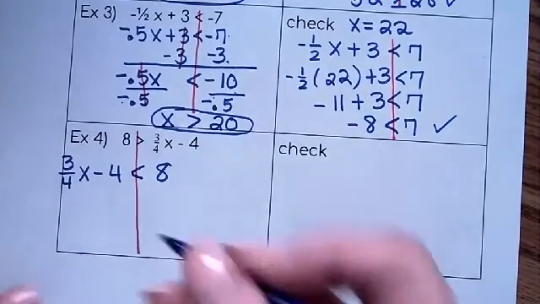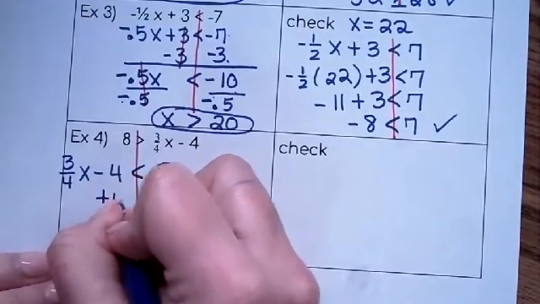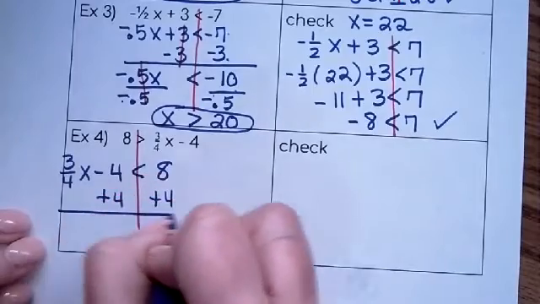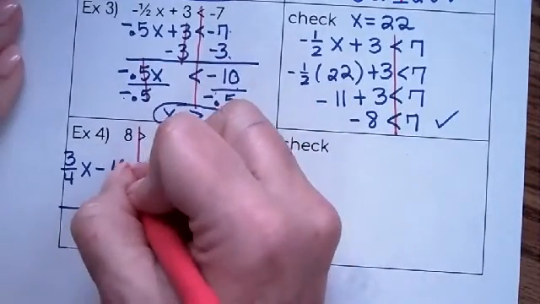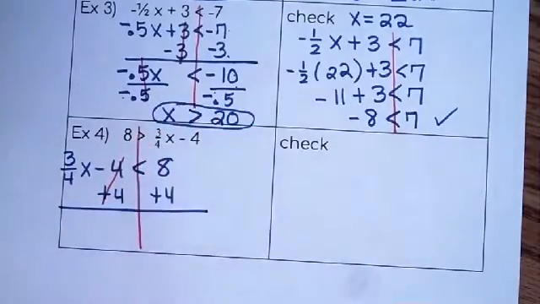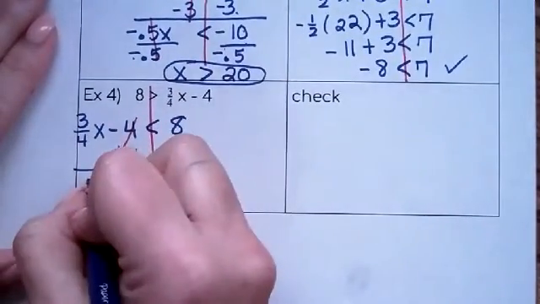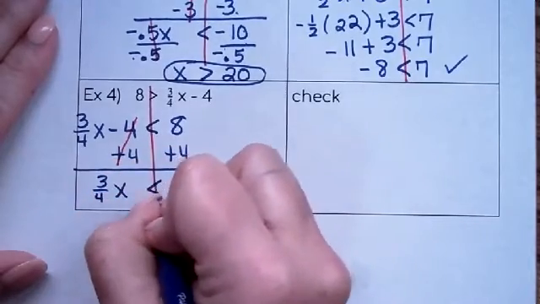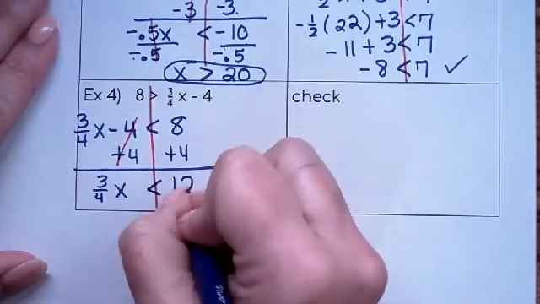Now, let's go ahead and we're going to add our 4 to both sides. Yeah, I know I didn't change that fraction to a decimal. I'm not going to this time. I want you to see what we can do with it as a fraction. The 4s right there are going to cancel each other out, and I'm going to have 3/4 x less than 8 plus 4, which is 12.